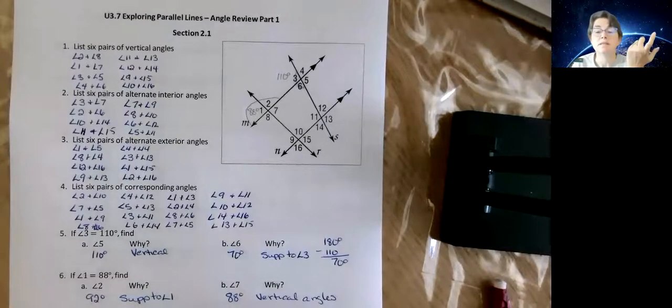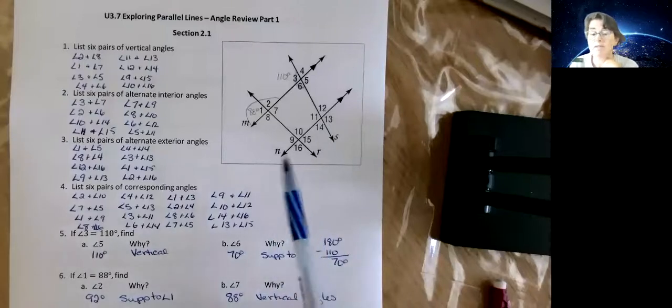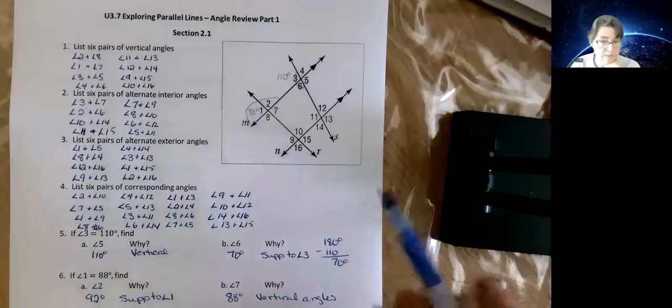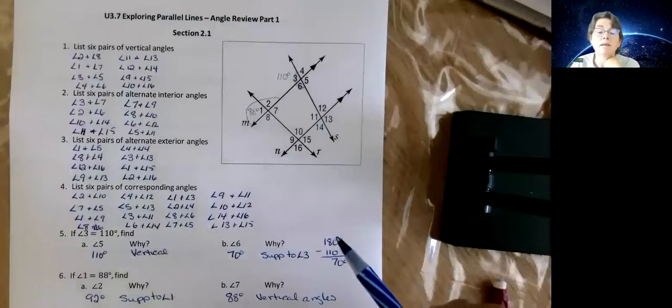So when I'm doing questions like this and trying to find out different angles, I look for vertical first because it's easy because the numbers just stay the same. And usually the second thing I worry about is, can I do supplementary, which just means anywhere where they form a straight line.